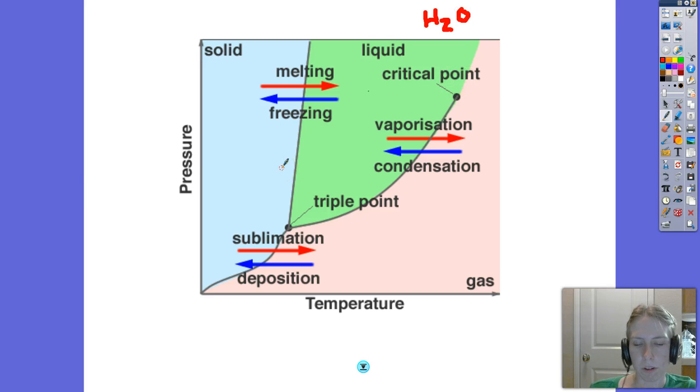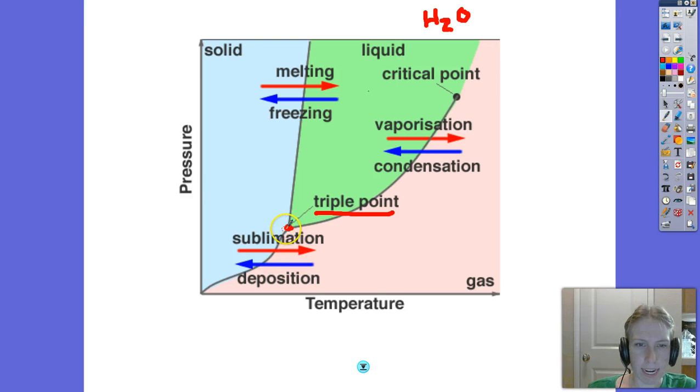I'll show you another one in a minute that looks different because it's for carbon dioxide. But one of the important parts is called the triple point. So this point right here, where the lines between solid, liquid, and gas all come together, that's called the triple point, and all three phases can coexist at this point.